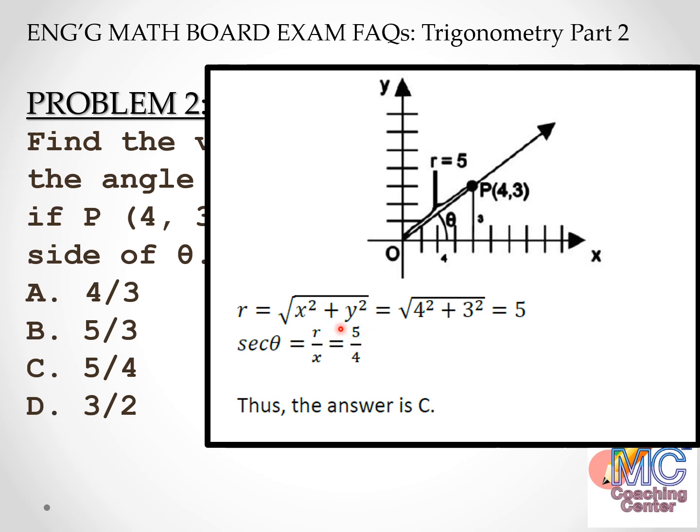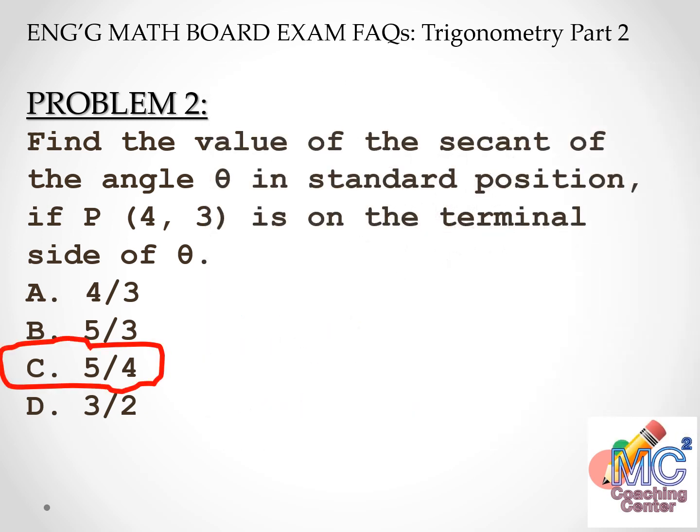Therefore, that is 5 over 4. And it's very obvious from the choices that is letter C.